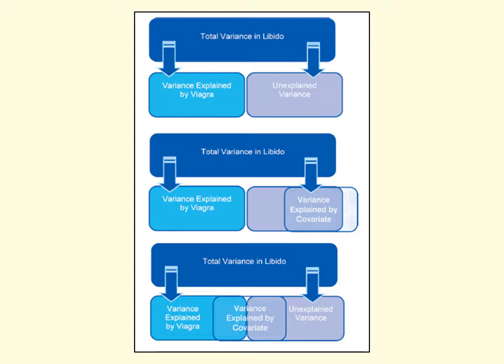I'm not exactly sure how this would work in this example, but let's imagine that because of sloppy methods, the partners of each of the participants in our study are aware of the dose of drug that the participant is getting. So, if the partner knows that his or her partner, who is a participant in the study, is getting a high dose of Viagra, maybe that makes him or her feel more libidinal or more sexy.